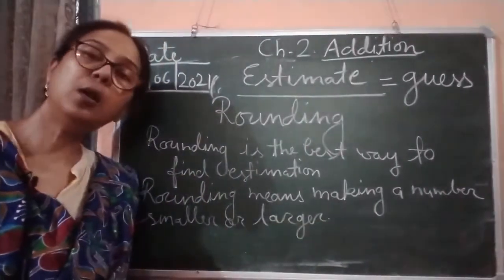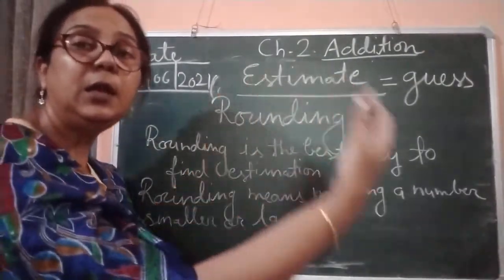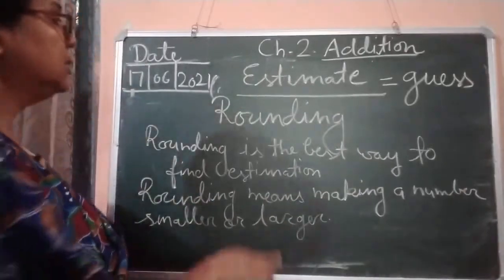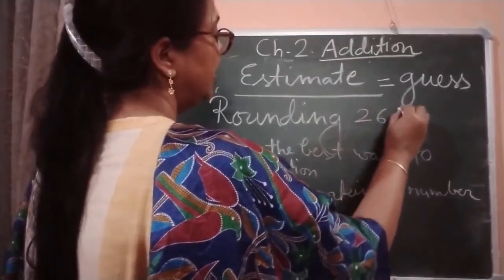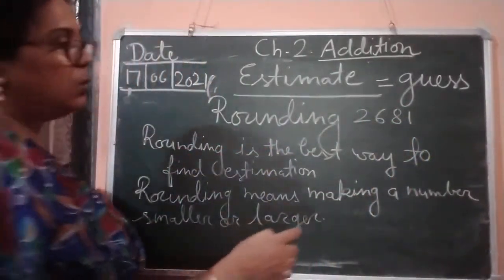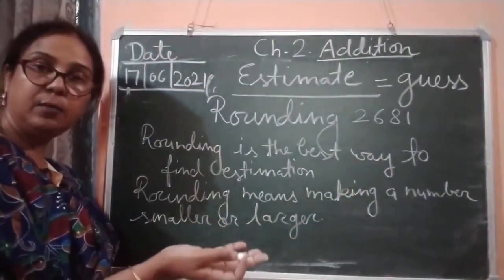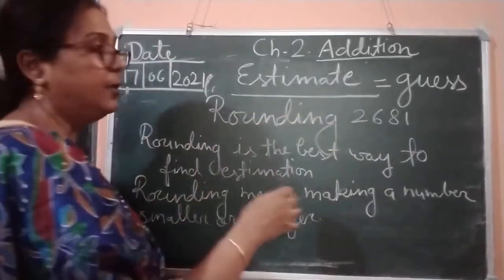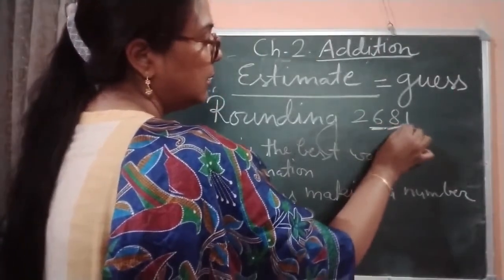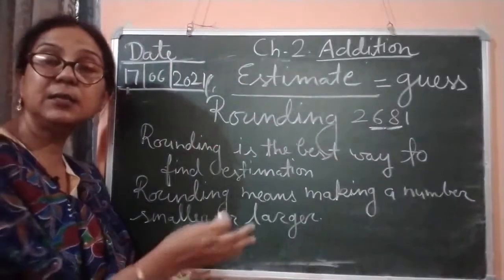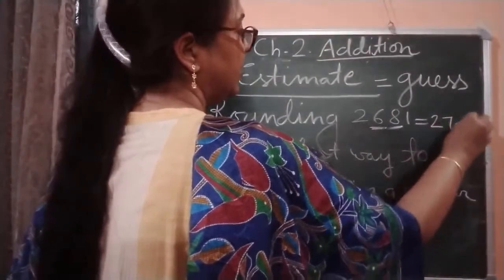If it is 5 or more than 5, we will increase the number. Suppose here I am going to give you one example, 2681. Because we have to do rounding of the hundreds, 681 is nearest to 700. That is why we have written 2700.